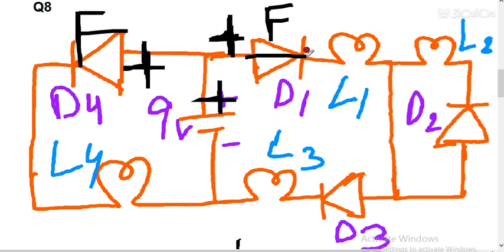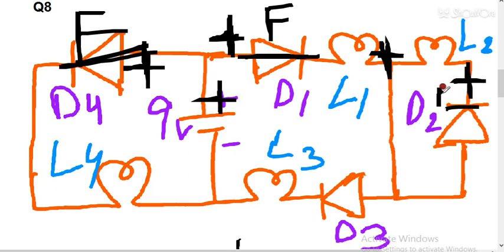So they will act as closed switches. Now some positive voltage will appear here and go to this terminal. Now this N side is connected to positive voltage, so this diode is obviously reverse biased. From this terminal you can see negative voltage, which will go to this terminal. It will act as forward bias because the N side is connected to negative voltage.